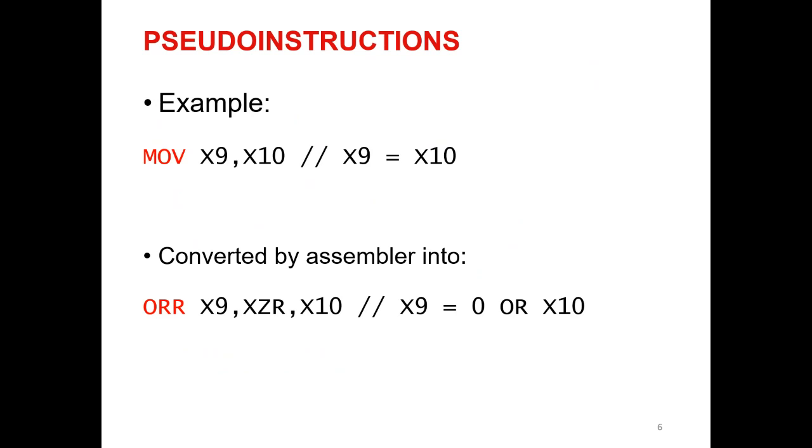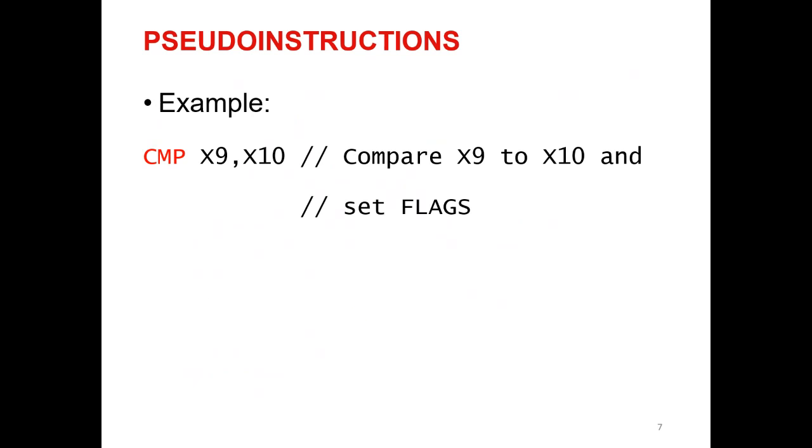So in this case, if we put in register 9 the value 0 OR the value in register 10, we will have in register 9 the value of register 10. Okay, makes sense? So the move instruction is just for us, the programmers, but in real life, this OR instruction is what gets executed in the machine. Okay, let's see another pseudo instruction.